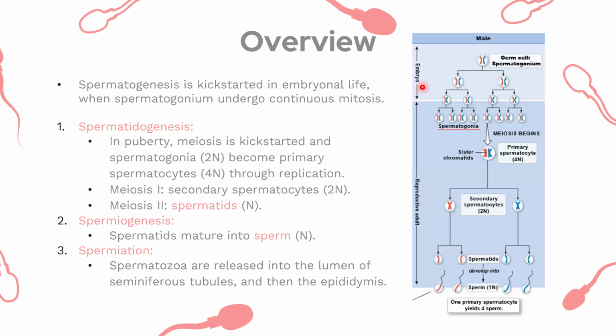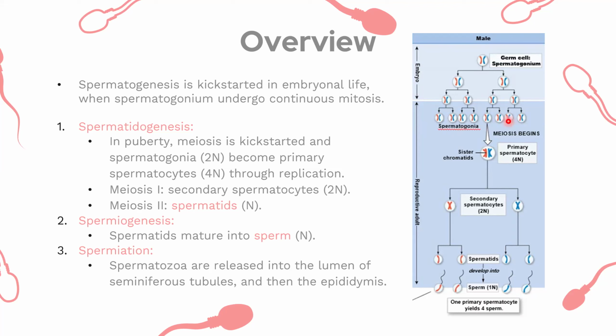So in the embryo, you're going to consistently try to create as many germinal cells as possible. So we start off from a stem cell, a germinal stem cell called a spermatogonium, okay? Or spermatogonia as plural. So this cell is going to consistently replicate and multiply using mitosis to give me multiple spermatogonia, okay?